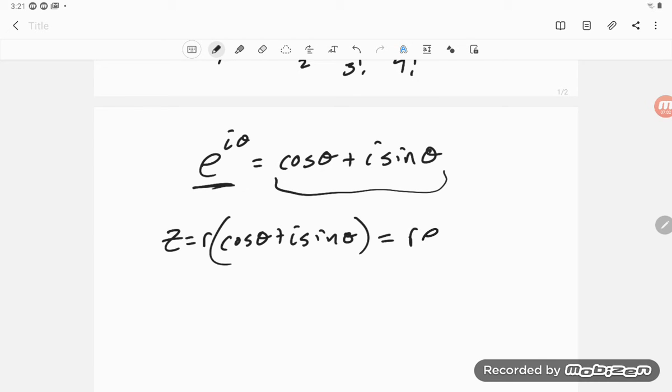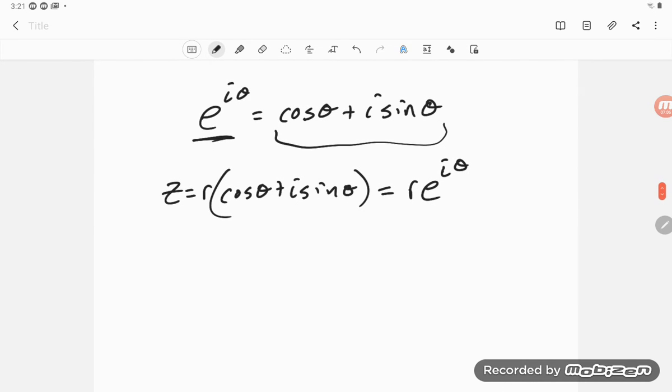We get r e to the i theta. This is really nice, because it makes various identities much more obvious as to why they're true. We'll go back and look at some of those identities, but we're going to use this relationship, z equals r e to the i theta, to do so.